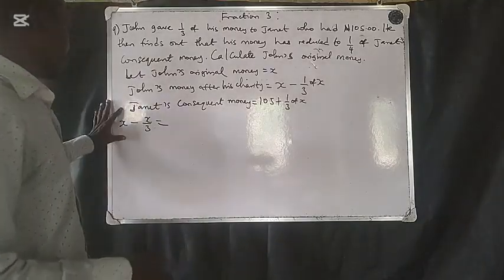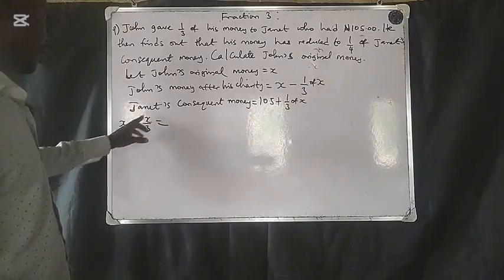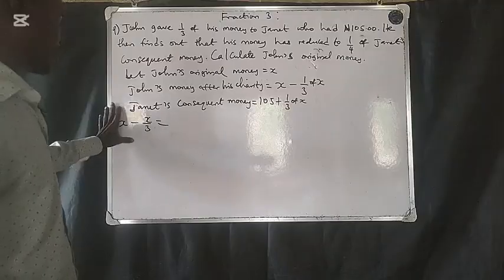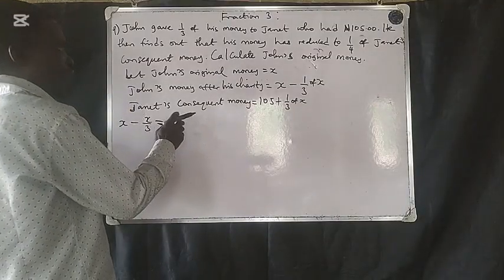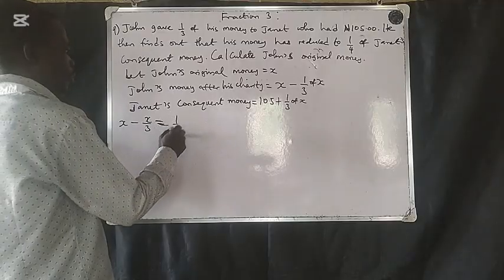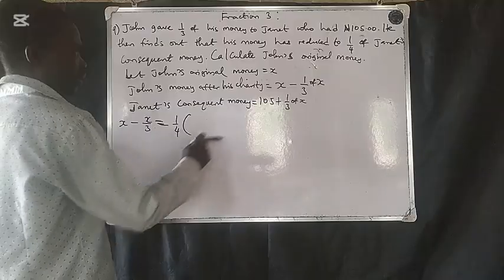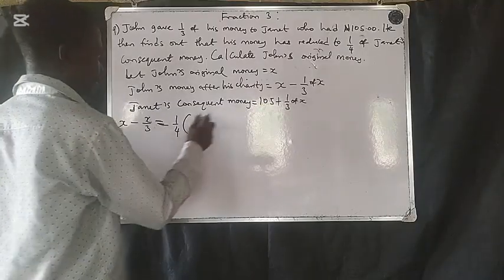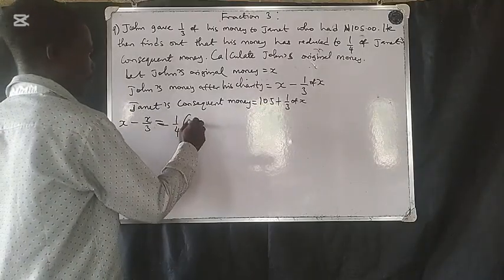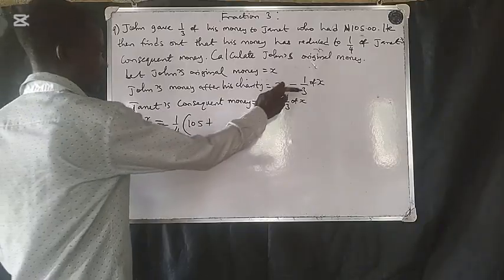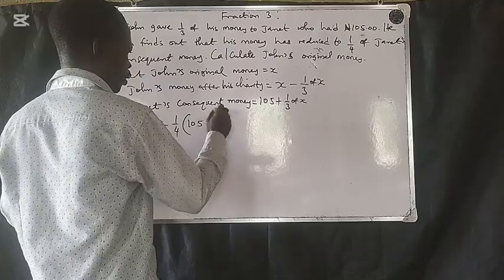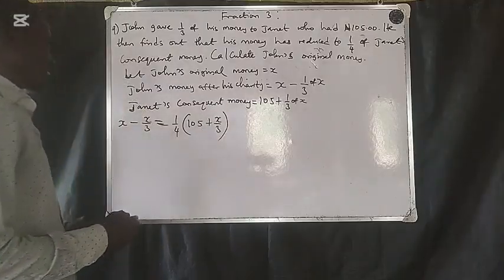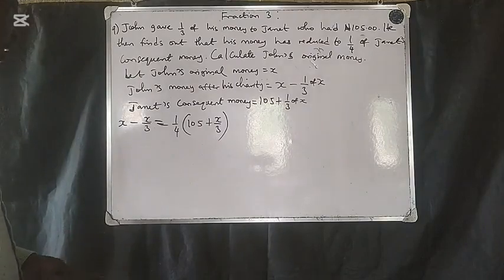And we are told that this balance is now 1/4 of Janet's consequent money. And what is Janet's consequent money? It is 105 plus 1/3 of x, which is x/3. So this is what played out at the end of the day.